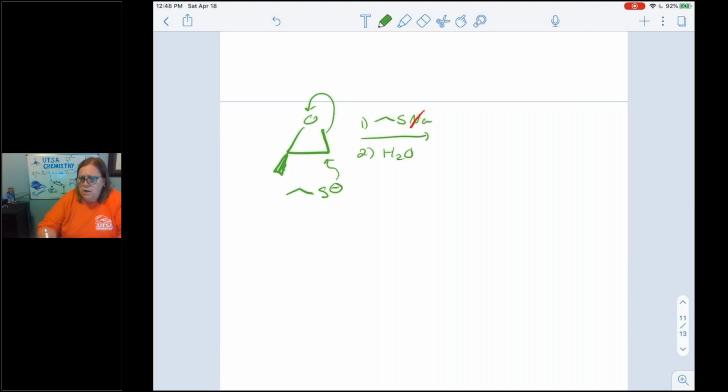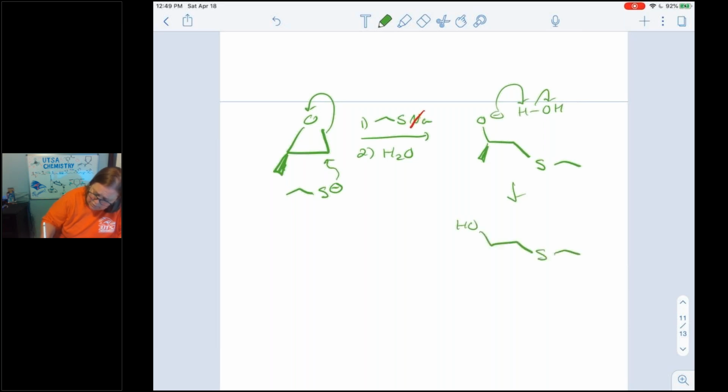So both of those carbons are equally charged, and so it's going to go through the path of least resistance. So it's going to go to the least substituted carbon. Making sure that I don't drop my carbon, I'm going to remember to draw my bond here. Water, of course, is going to be my source of proton. And so this is the structure here.